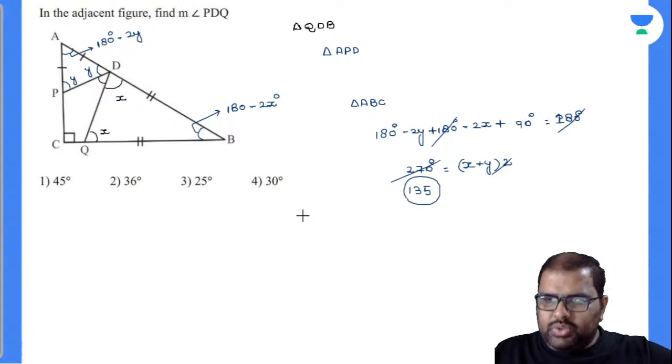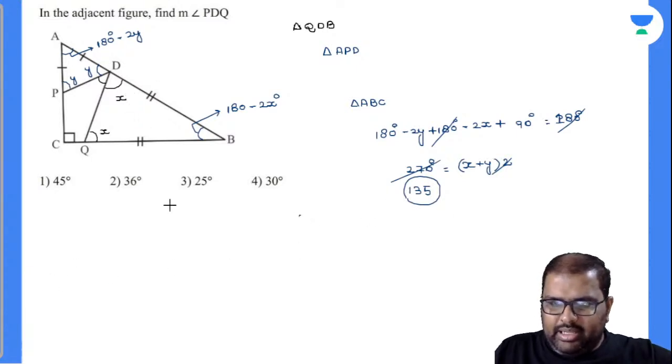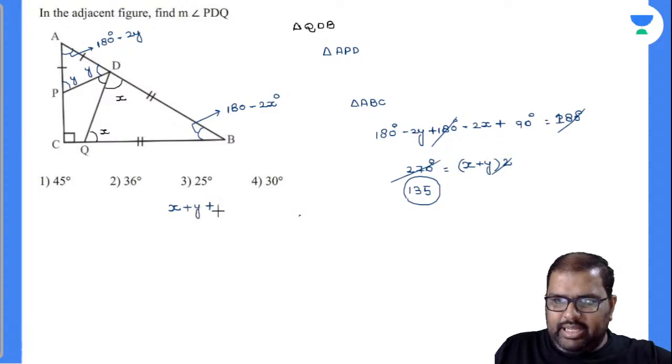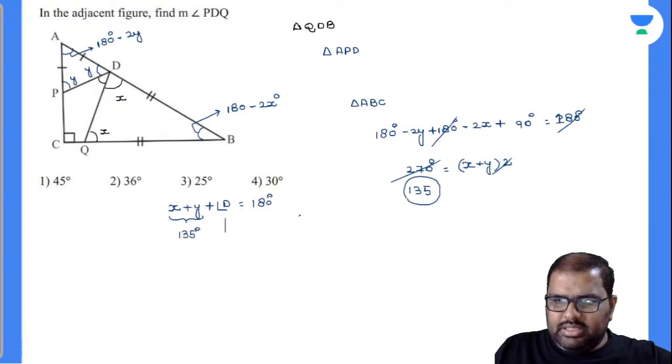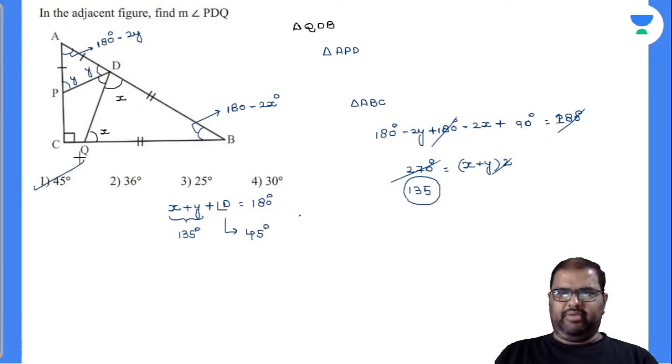So here x degrees plus y degrees plus angle D is equal to 180 degrees. Now see here, this angle is 135 degrees. Now how much will be this? This will be 45 degrees. Did I get the same option there? 45 degrees, perfectly done.